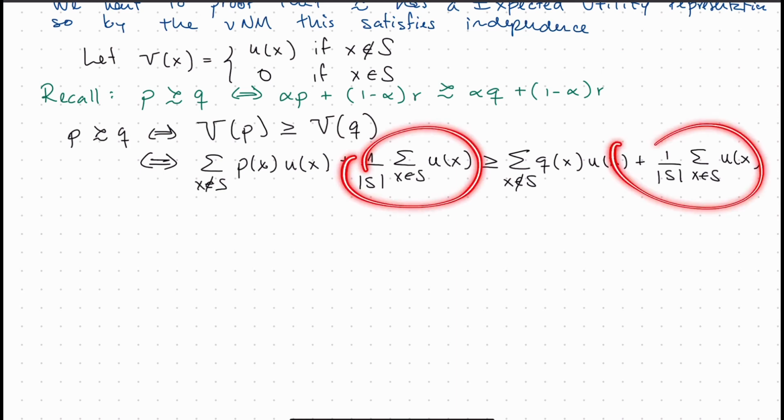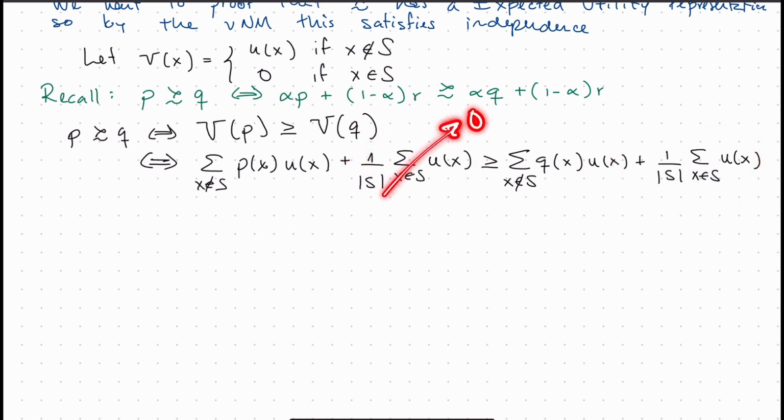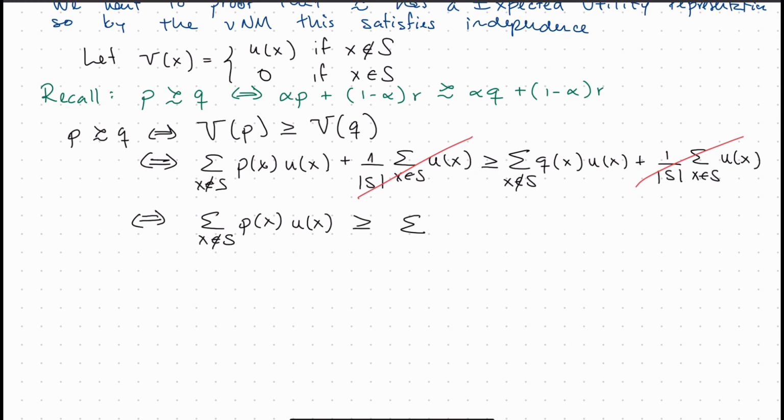These terms right here are actually numbers, so they can be canceled out. This goes with this one, and we have that the sum over x not in S of P(x)u(x) is greater or equal than the sum over x not in S of Q(x)u(x).